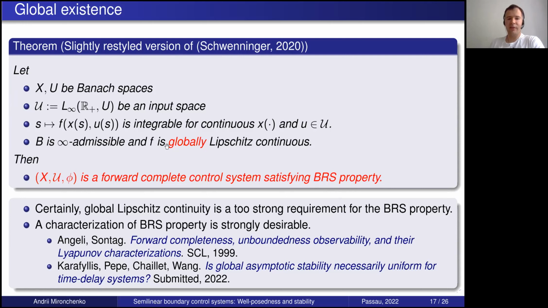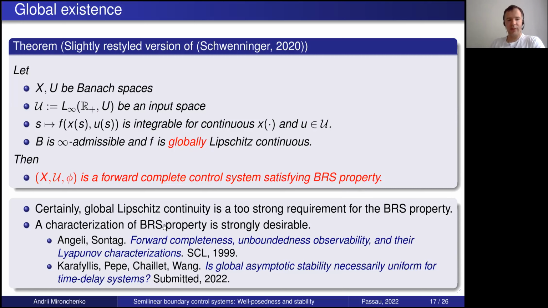Clearly, this is quite a rough sufficient condition. We would not like to have global Lipschitz continuity of the nonlinearity, but this is what we have right now, and it is a very complex problem to characterize boundedness of reachability sets.